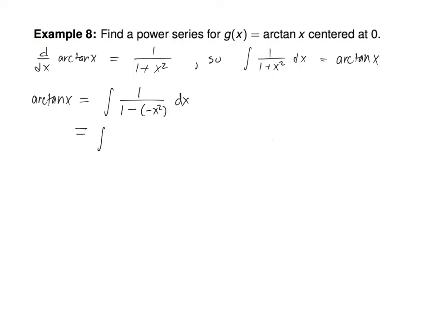So write that ratio as a sum. It's the sum from n equals 0 to infinity, right? And your a is 1 and your r is negative x squared, all to the n power, right?